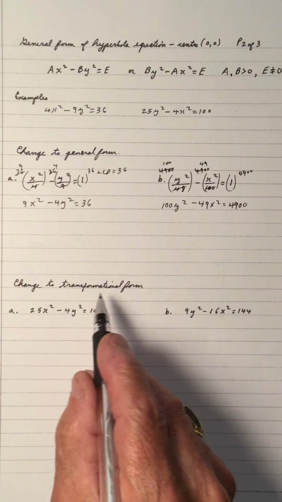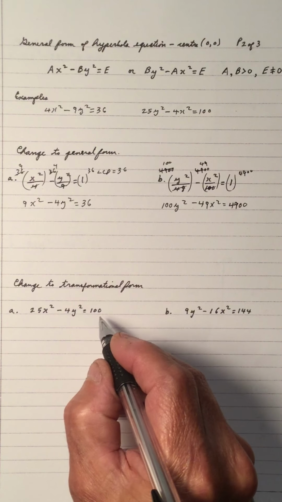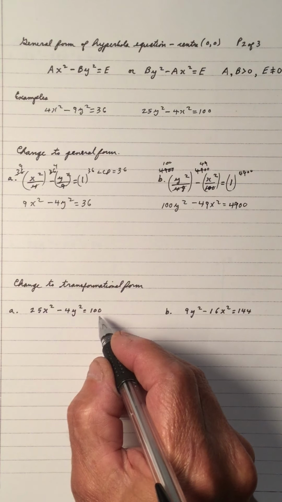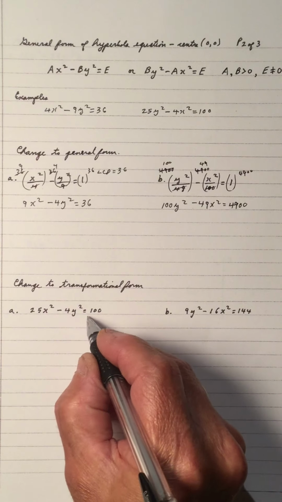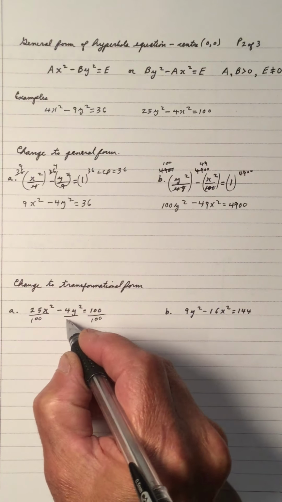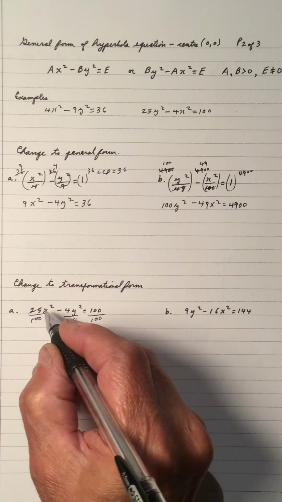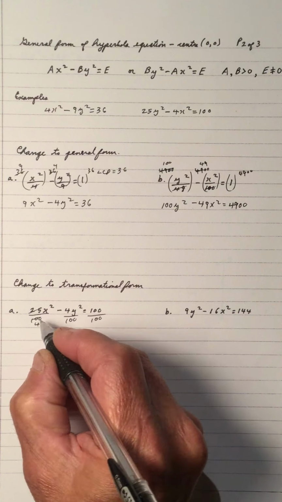Now let's change to transformational form. So let's go back the other way. That means we want transformational form, we want it equal to 1, so we'll divide all parts of the equation by 100. So 100 divided by 25 is 4.